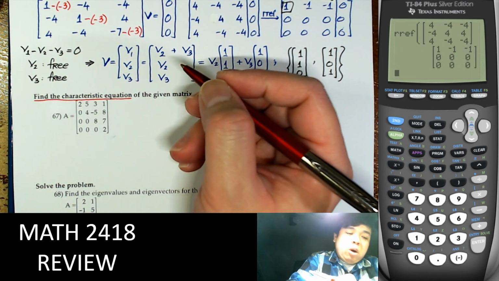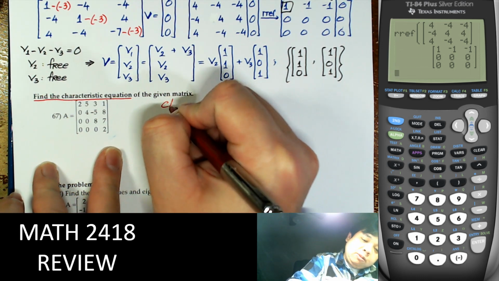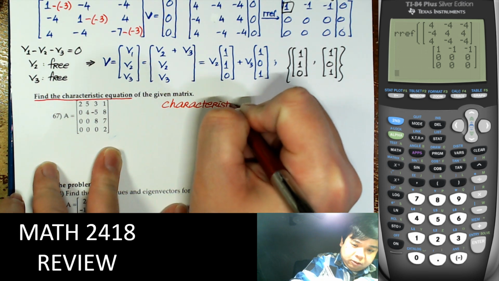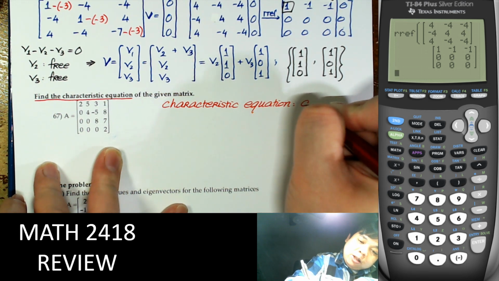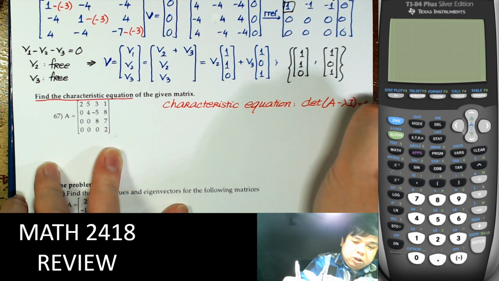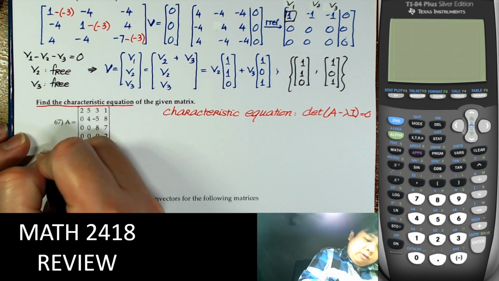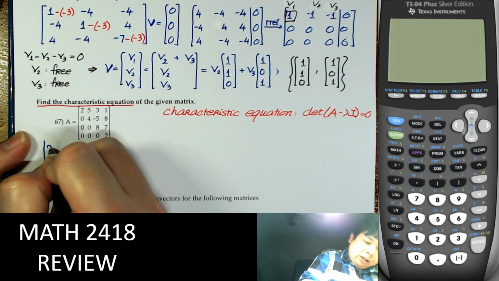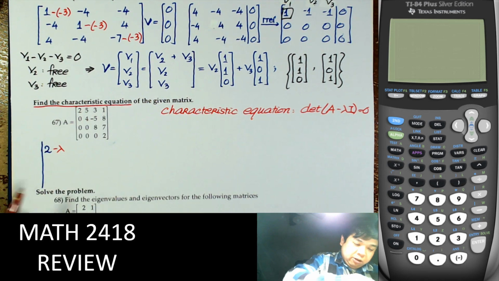So the characteristic equation is pretty much just the determinant of A minus lambda I equal to 0. It is an equation. Now all we do is find the determinant, using the two vertical bars, with minus lambda on the diagonal entries.